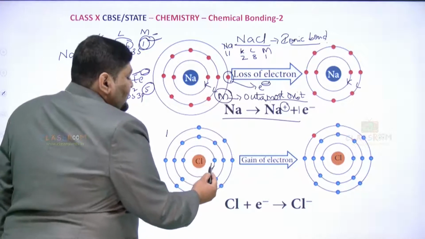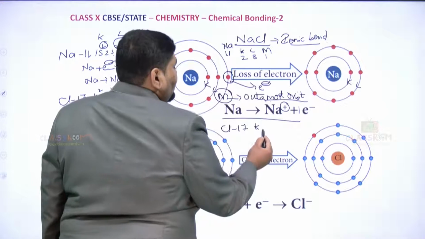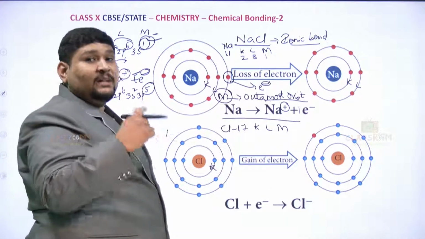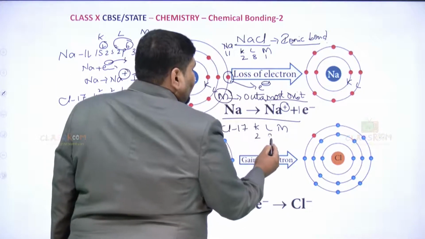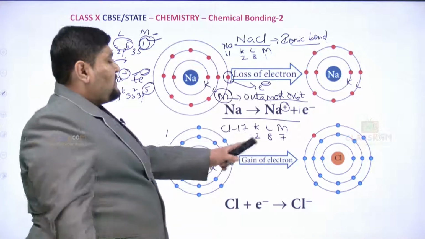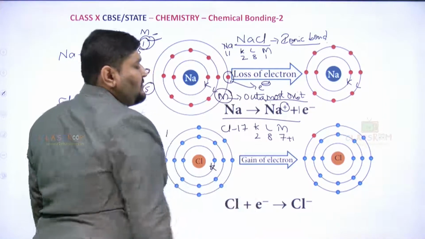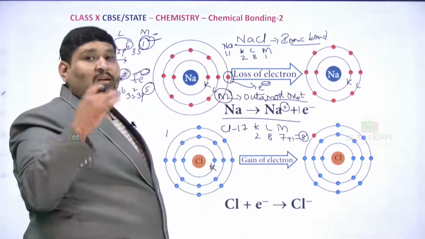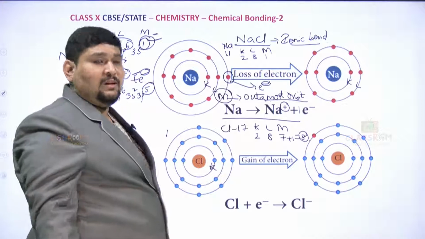So again, chlorine has atomic number 17. When you go with the distribution of electrons as per energy levels or shells K, L, M, you can find there is one more electron needed to attain its octet, where there are 8 valence electrons in its outermost shell.